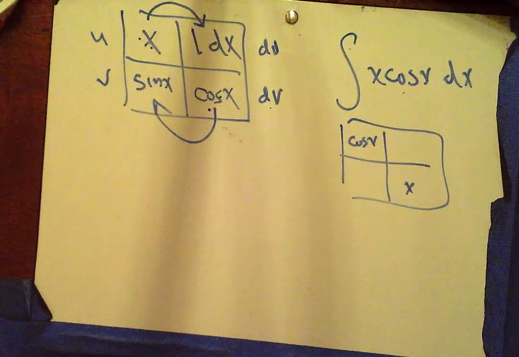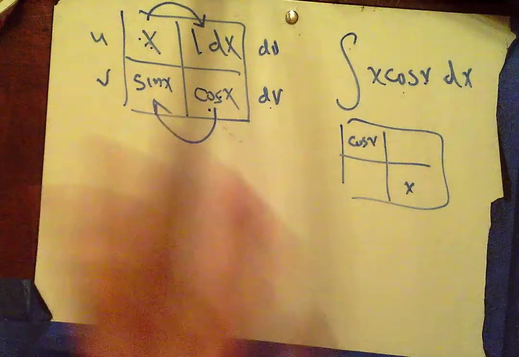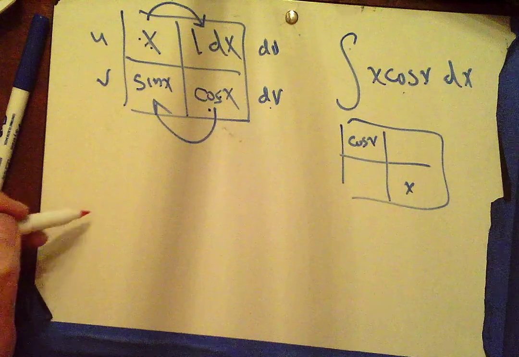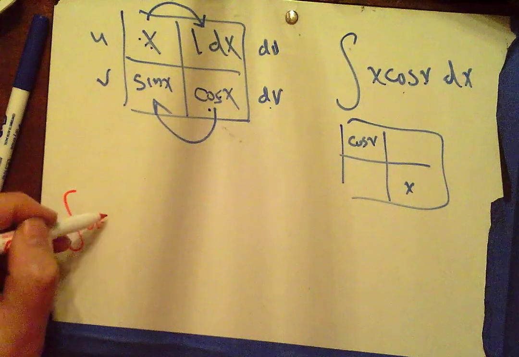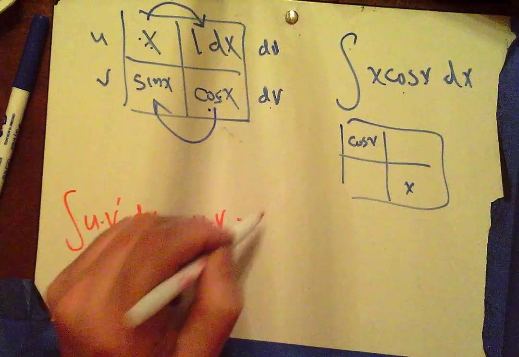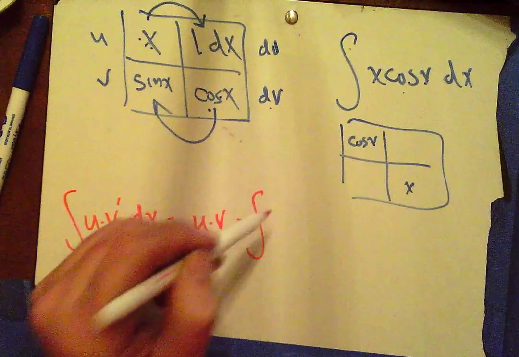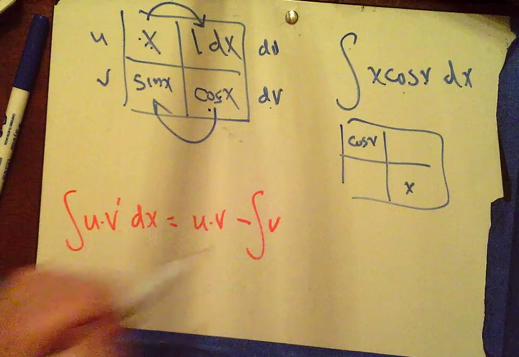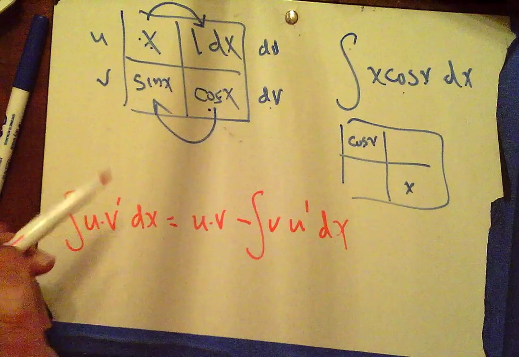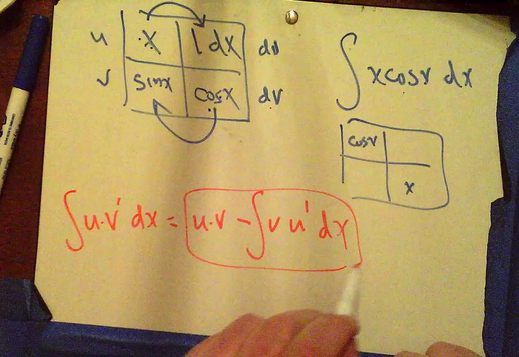Okay? Now, once you've filled this graphic organizer out, remember what our recipe was. We said that the integral of u v prime was going to be u times v minus the integral of v u prime. So let's do this here.